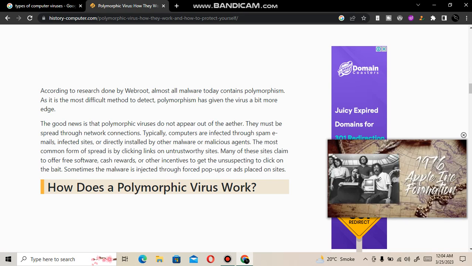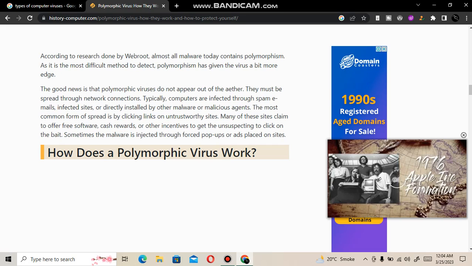The good news is that polymorphic viruses do not appear out of thin air. They must be spread through network connections. Typically, computers are infected through spam emails. Sometimes they are directly installed by other malware or malicious agents.